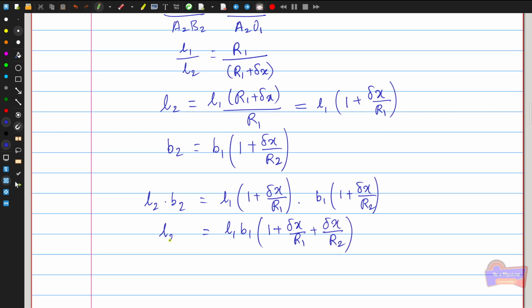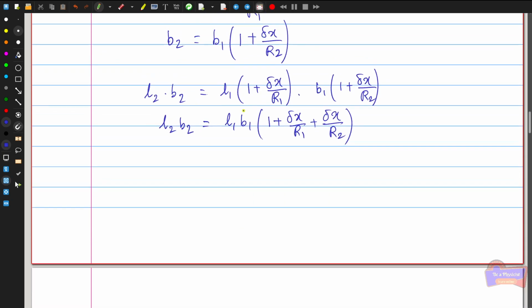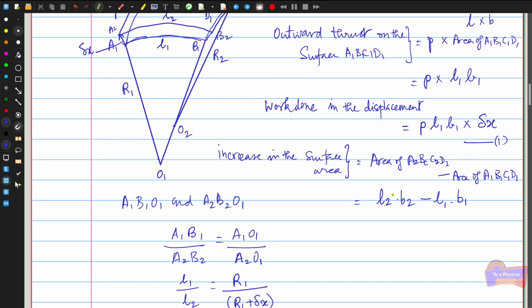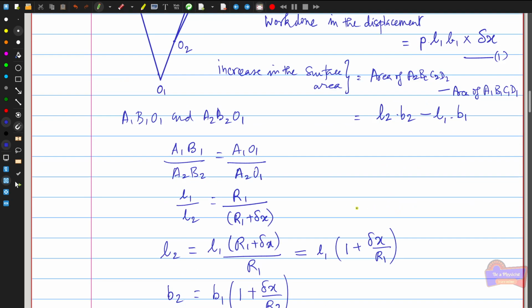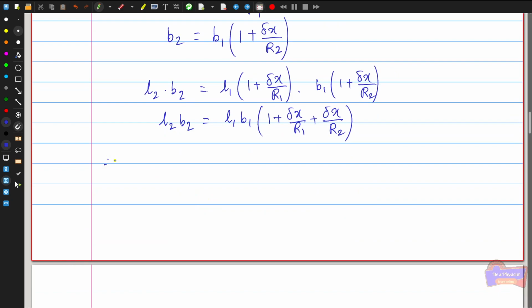So that is L2 and B2. Now you can substitute this into the increase in surface area equation, L2 B2 minus L1 B1.